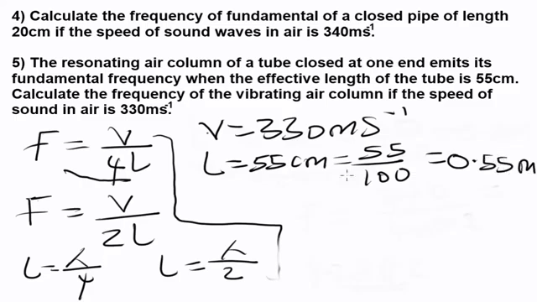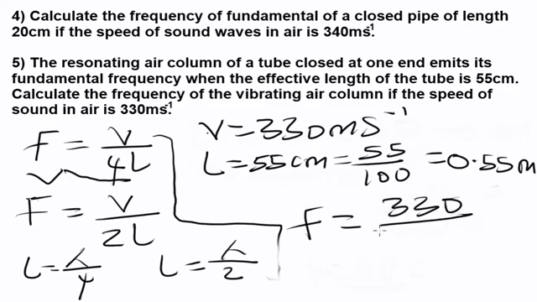Okay, so let's impute the parameters in the formula. Remember, this is a closed pipe, so we are still going to work with this formula. We are looking for frequency, which equals the velocity, 330, over 4 times length, 0.55.